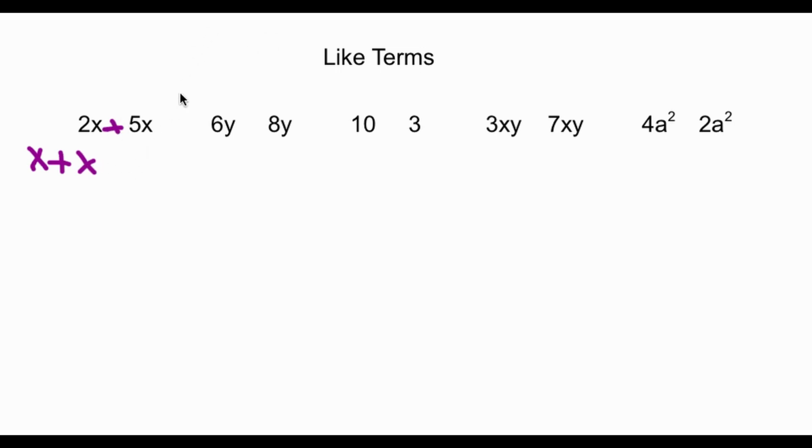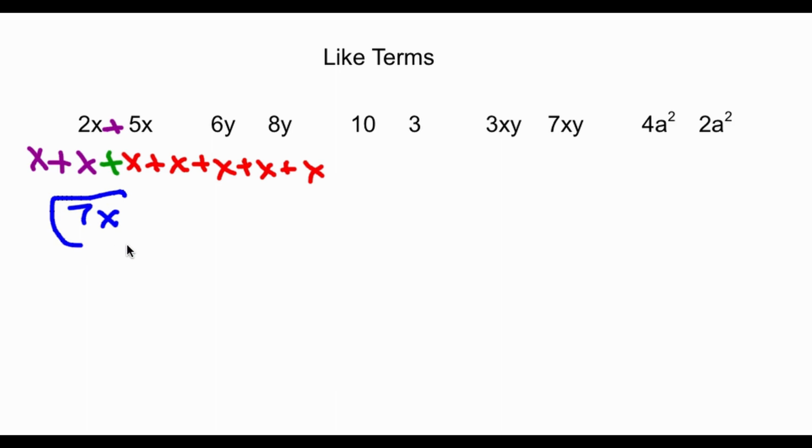And I can also split the 5x into x plus x plus x plus x plus x. All right, and if I were to add them together, well, let's count the x's. How many x's do I get here? I'm going to get 7 x's. All right, 2 from the 2x and 5 from the 5x. So we got the 7x.